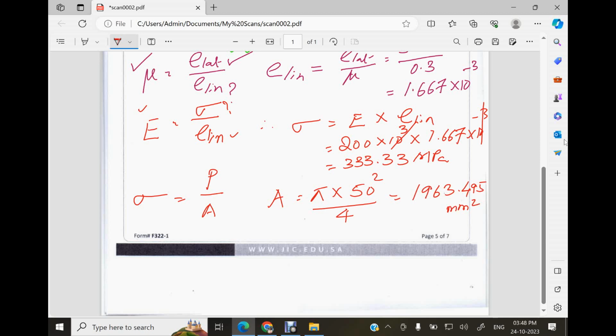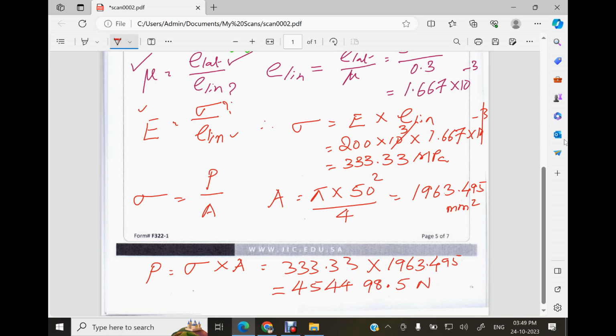So now you know area, so you can easily find out P. P is equal to sigma multiplied by area. Sigma is 333.33 multiplied by area 1963.495. This gives me a value of P as 4598.5 Newton. Change it to kilonewton.